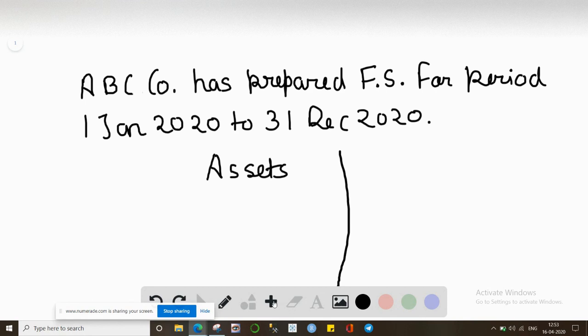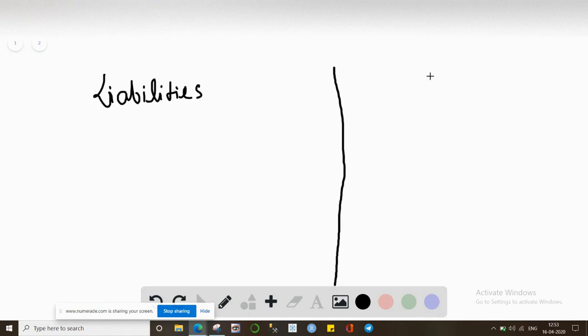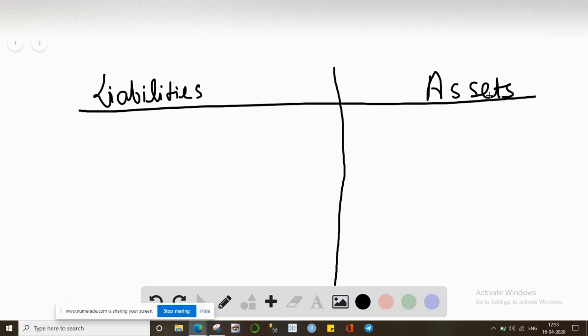Okay, so let's draw it. Liabilities and assets.